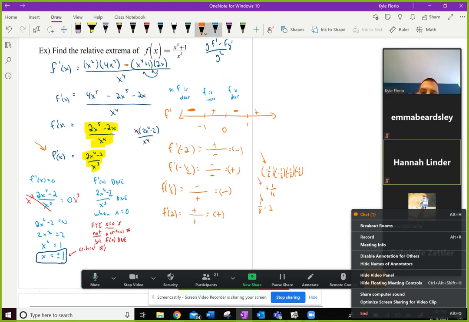Okay. So what we are finding out here is the relative extrema, and that happens when we have a sign change. So the function at first is going from decreasing to increasing. So that means we have a relative min at -1. Now be careful here. The function is going from increasing to decreasing, but 0 is not a critical number.